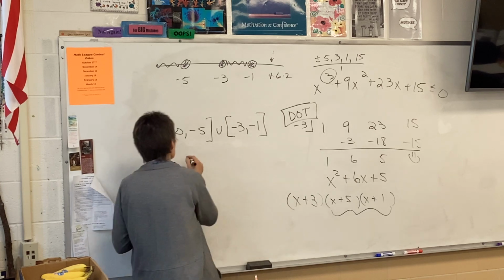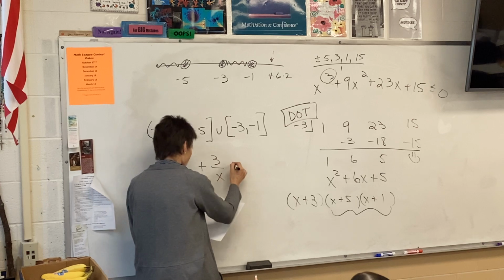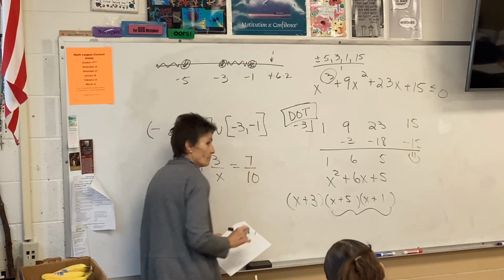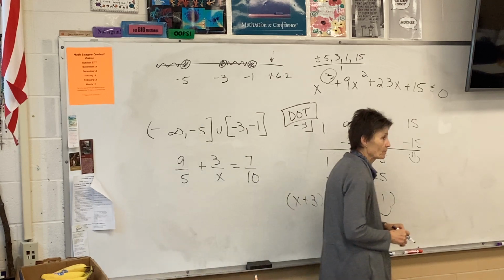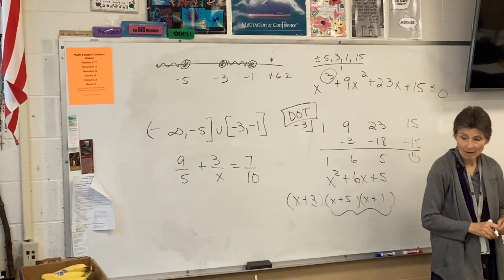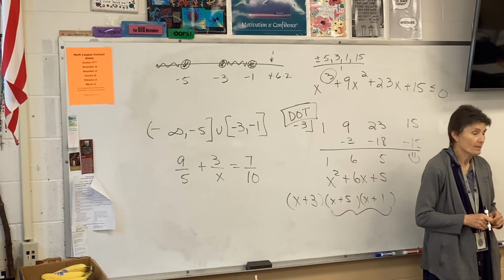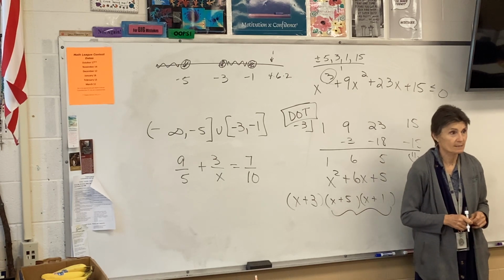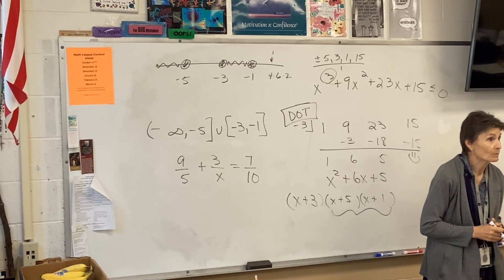Okay, E is not an inequality. E is an equation full of fractions. What am I allowed to do with equations that are full of fractions? Find a common denominator and ditch them, right?